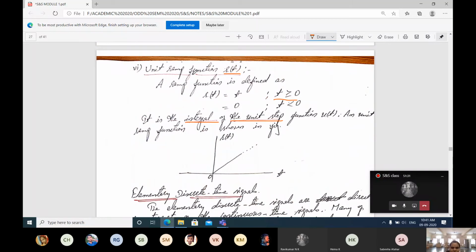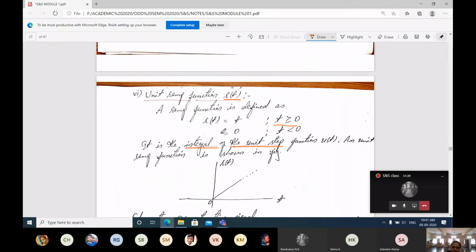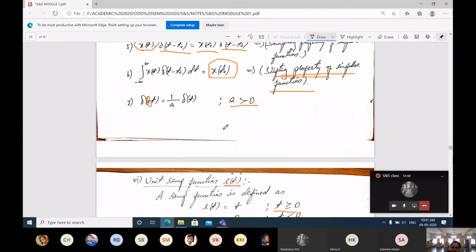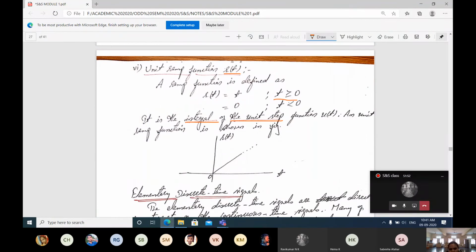In GATE exams or other competitive exams, they will ask 1-mark questions like these. The unit ramp function is the integration of unit step. The unit impulse function is the differentiation of unit step.